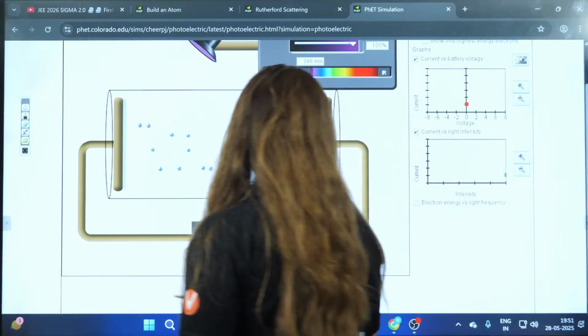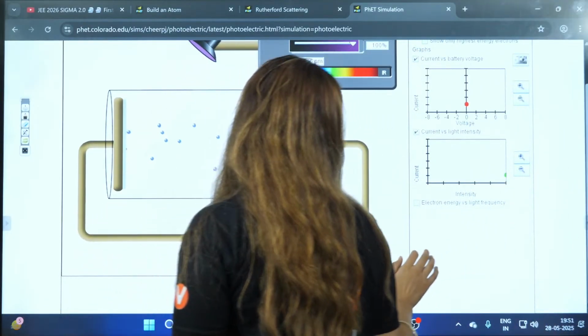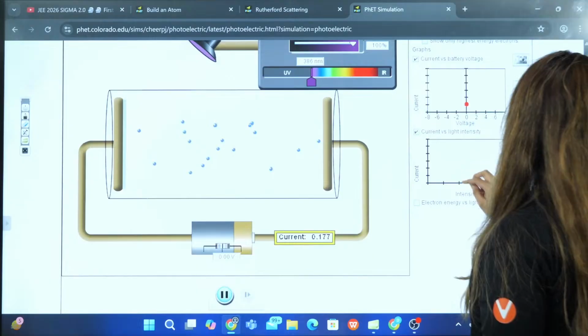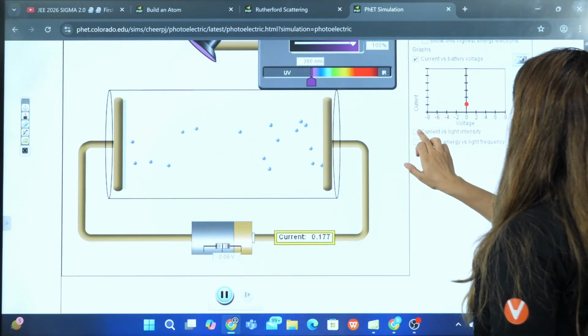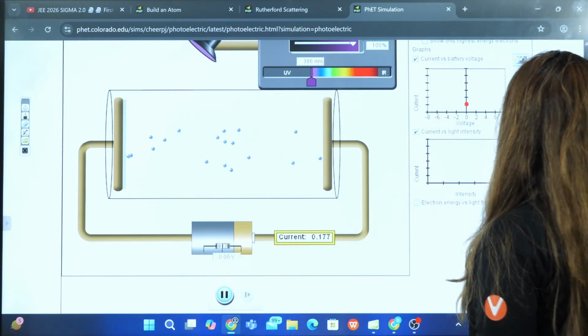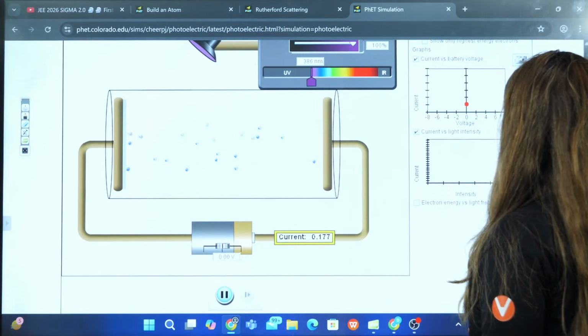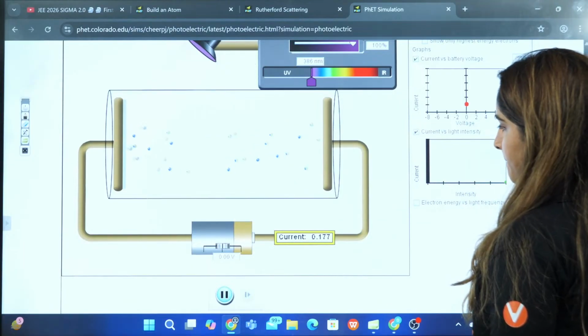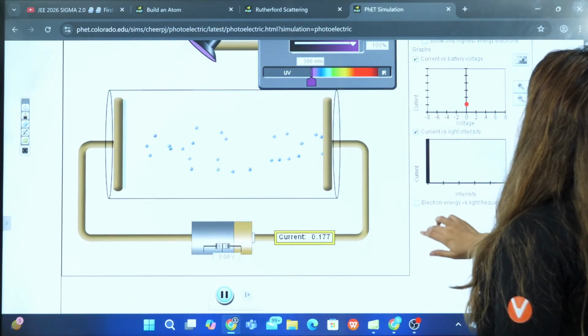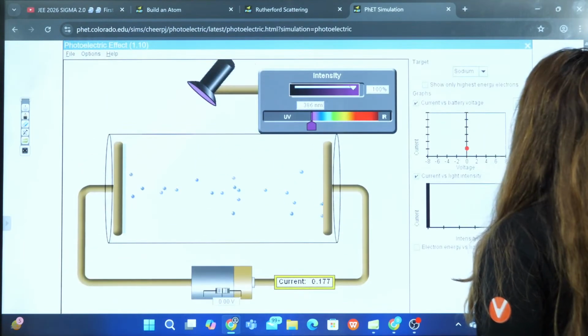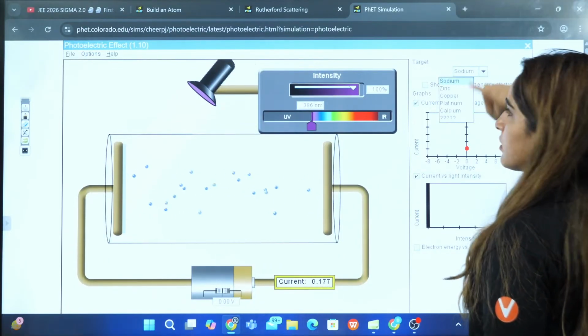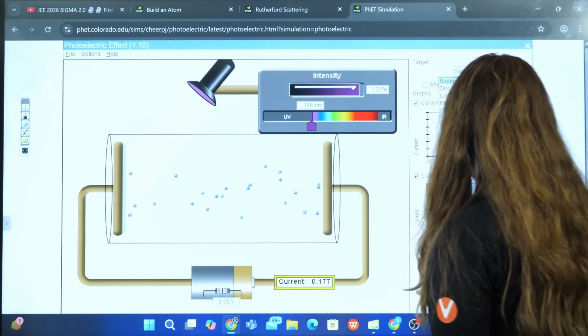Wait a minute. Oh, current versus this we want, no? So let's see this. How do I change the current here?